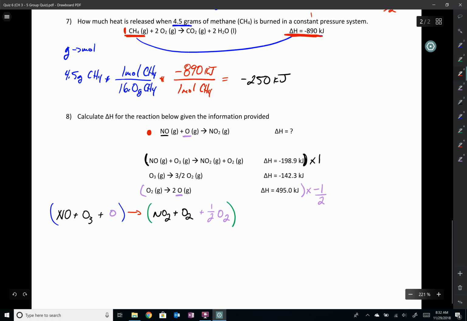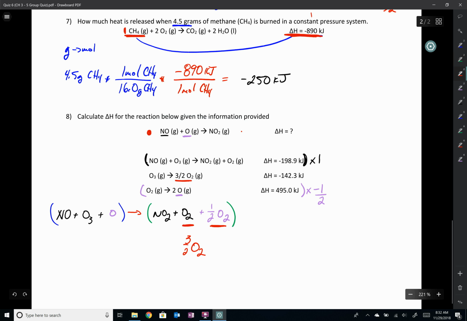Now you see what the issue is, right? The issue that cropped up is we've got O2s here. We've got 3/2 O2, but we don't have 3/2 O2 anywhere in here, so we have to get rid of that somehow. So how can we get rid of 3/2 O2?